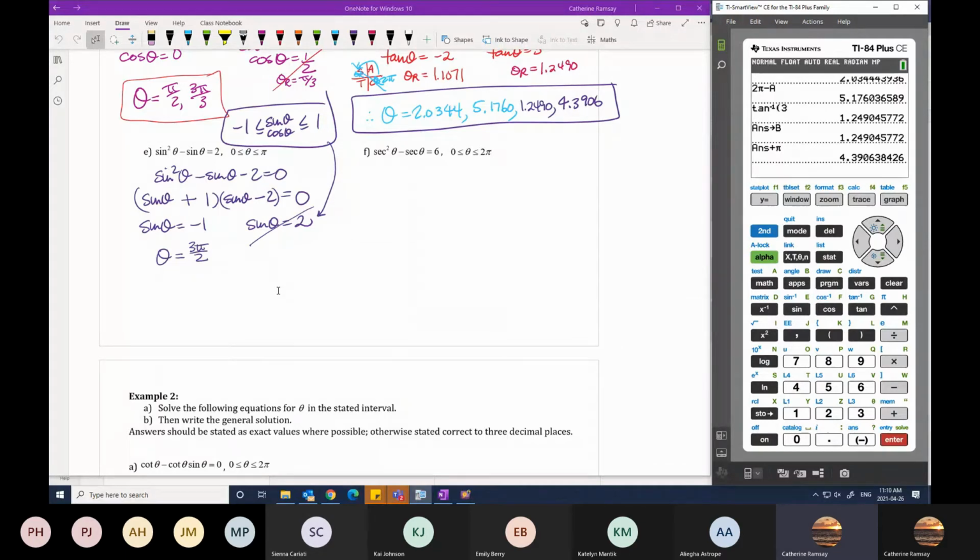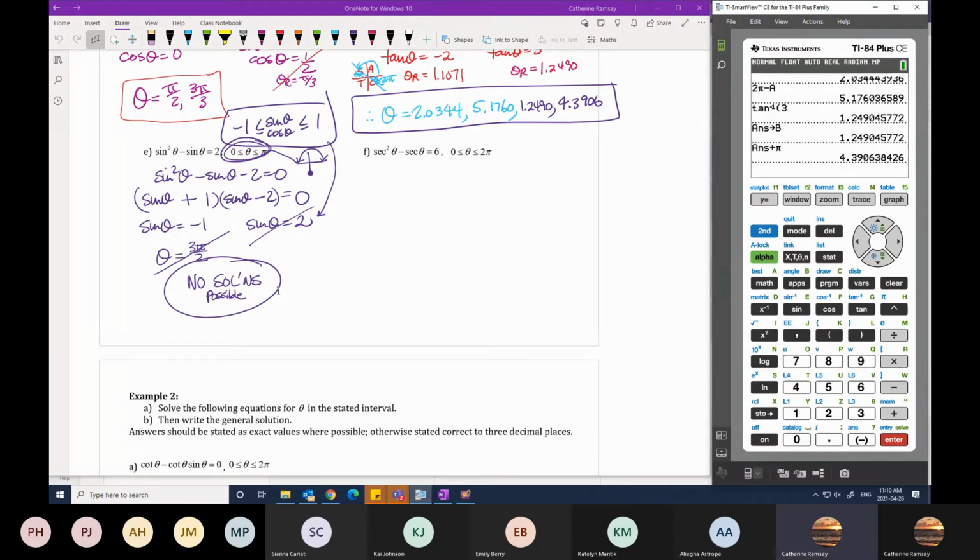Okay, so now if I look at my restrictions here, they only want answers between 0 and pi. And the answer we just got was 3 pi over 2. So guess what? We reject that answer too, and we write no solutions possible, or you can just write no solution, it doesn't matter.